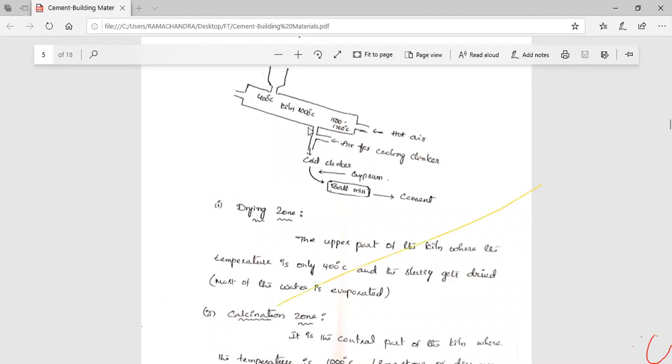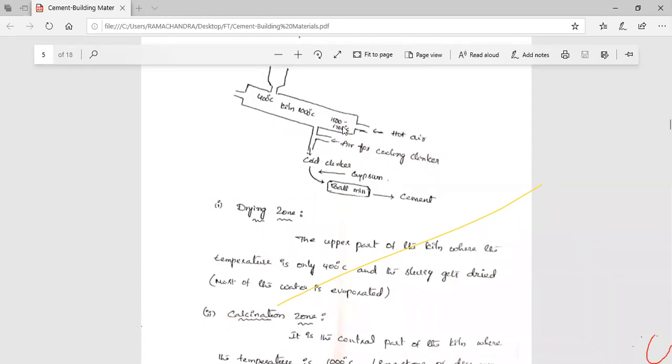The formed components go to the ball mill. After completion of the reaction, they produce the products. Here we use air for cooling the formed clinker product.